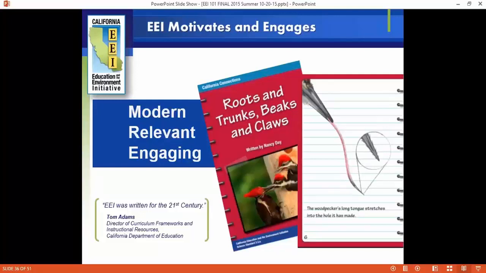But then beyond that, you see that detail that shows what is actually on the tip of the tongue. So when you talk about the structure of the tongue, they actually could see that tongue goes in those little holes that the woodpecker makes, and that the tip of that tongue is like a series of little hooks to catch the beetles that the woodpecker eats.